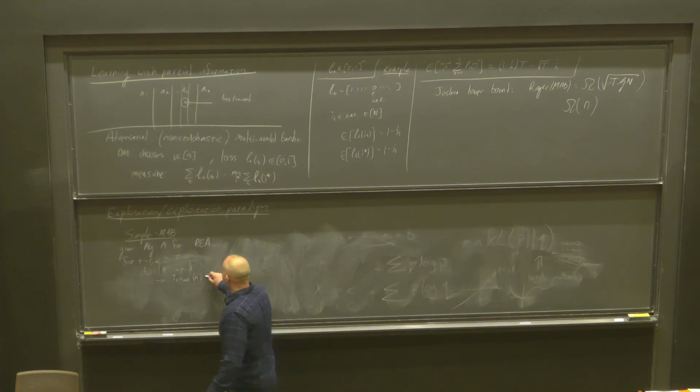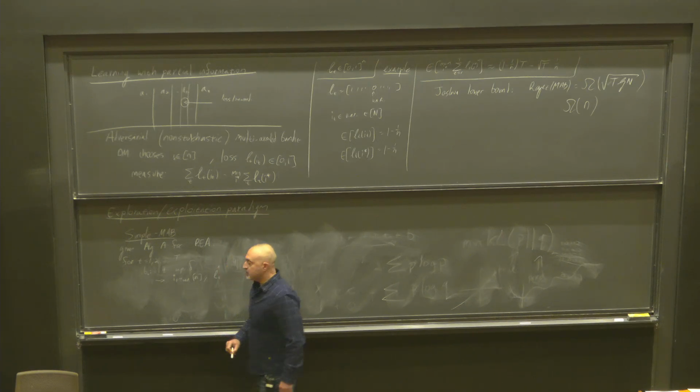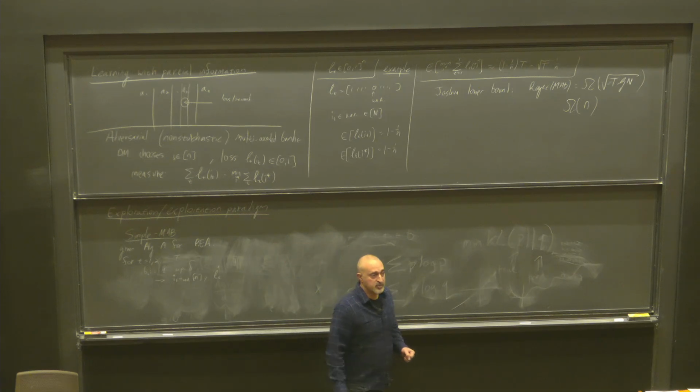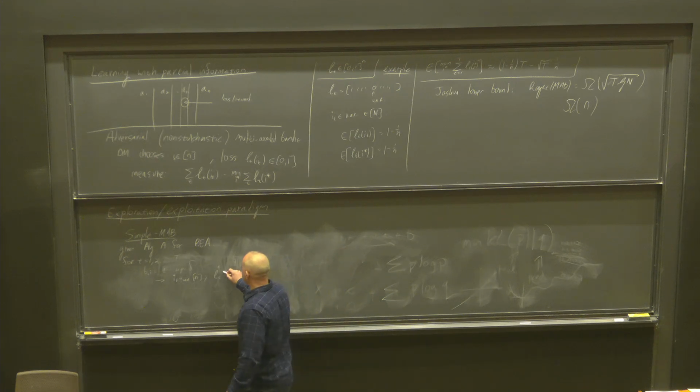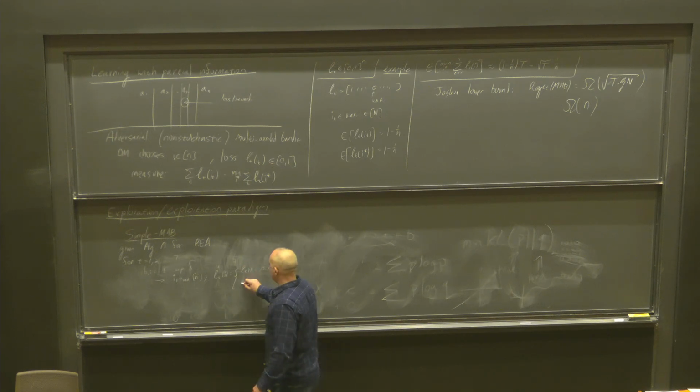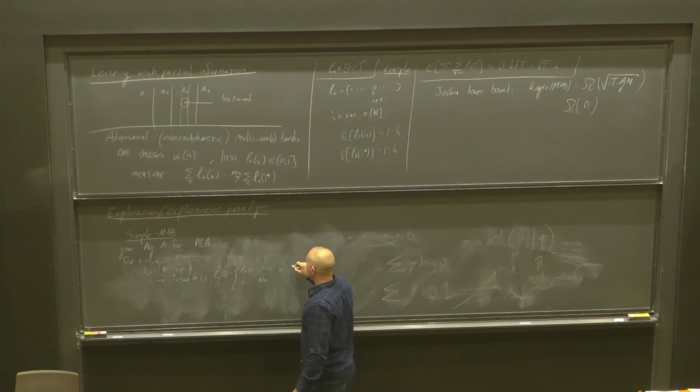Then I'm going to create l_t hat, a random vector in R^n, in the following way. l_t hat of i is going to be l_t(i) if i equals i_t and 0 otherwise, multiplied by n over delta.